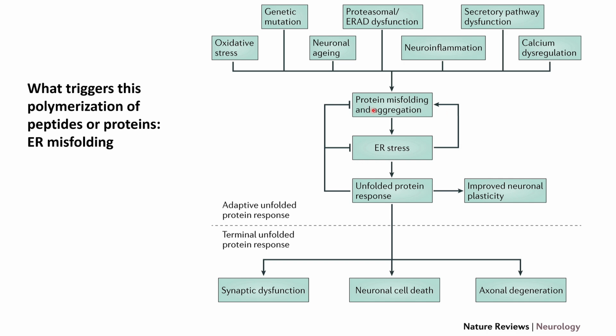Why this protein misfolding is happening we do not know, but these could be the reasons: oxidative stress, genetic mutation, then aging. Alpha synuclein and amyloid beta are naturally present in the physiological brain, but these neurodegenerative diseases are diseases of old people. So somehow aging is also promoting their aggregation.